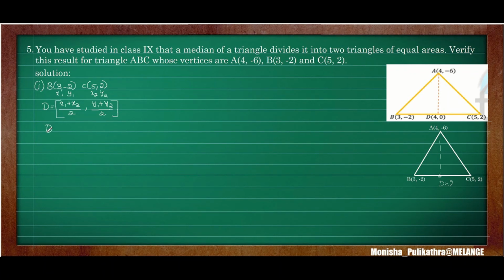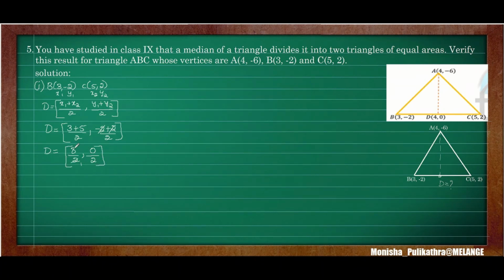Okay, so D is equal to x1 is 3 and x2 is 5. So 3 plus 5 divided by 2 and y1, so minus 2 plus 2 divided by 2. So D is equal to 3 plus 5 is 8 divided by 2 and minus 2 plus 2. Minus 2 plus 2 is 0. Okay, so 0 divided by 2.